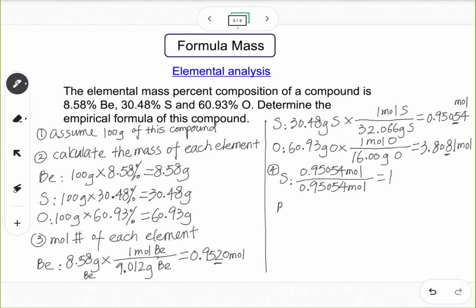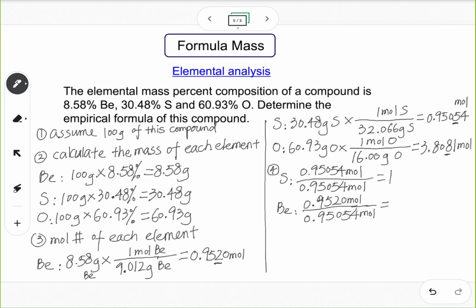For beryllium, okay, remember we use the mole number of sulfur as a standard. So when we normalize beryllium, we use the mole number of beryllium, 0.9520 mole, divided by the mole number of sulfur, 0.95054 mole.